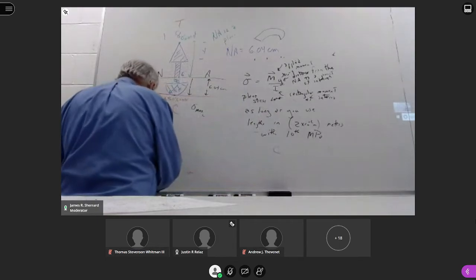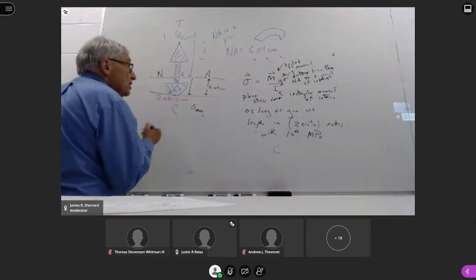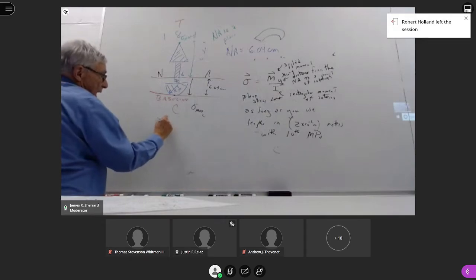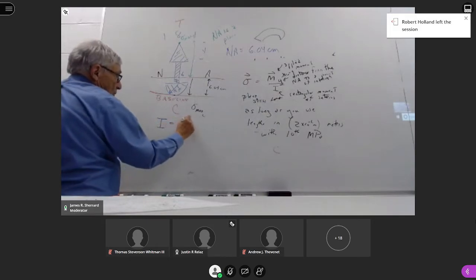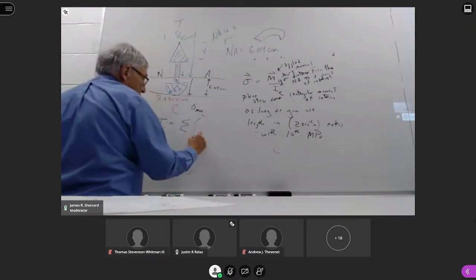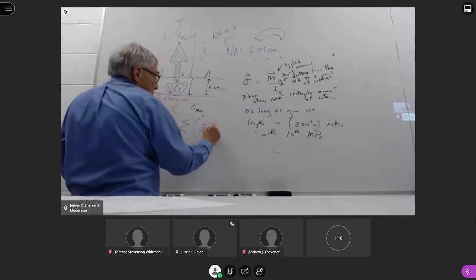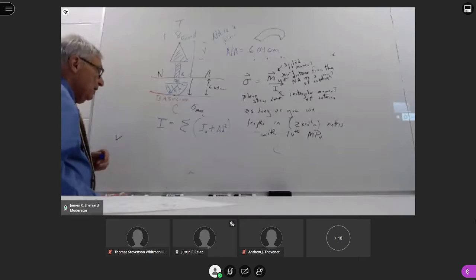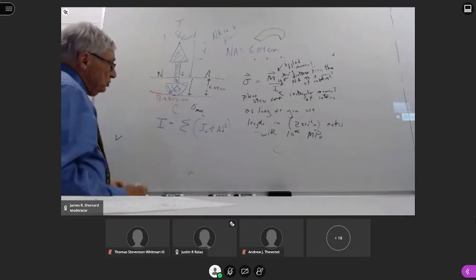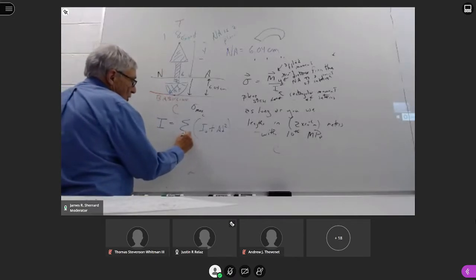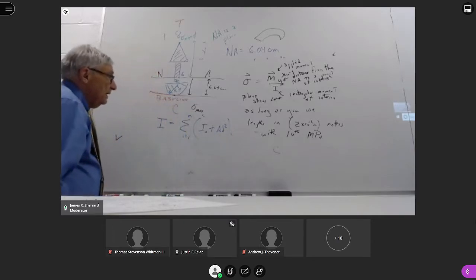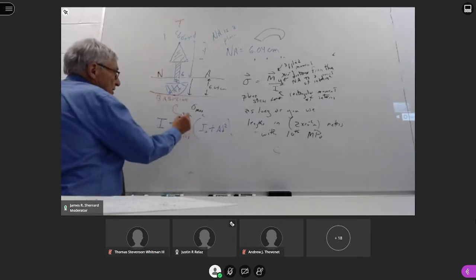So if we go back now and do some calculations, we need to find I for this shape, and we know that I is equal to the summation of all the I sub 0 plus AD squareds for how many sections you have. So I would go from 1 to n. In this case, we have 3 sections.